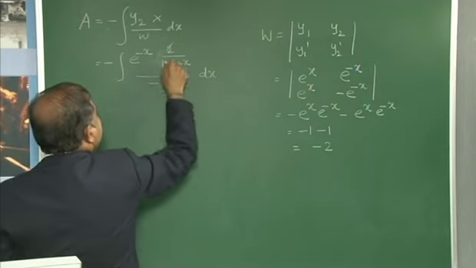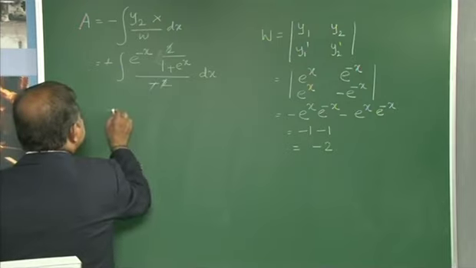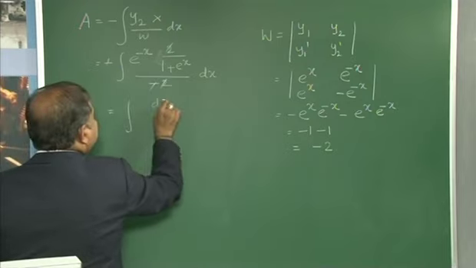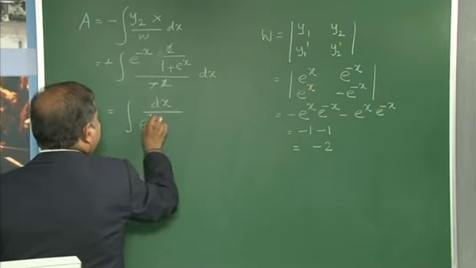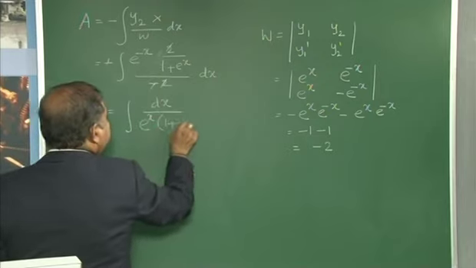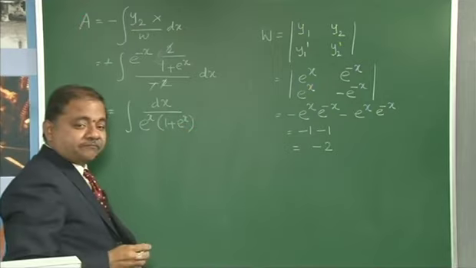This 2 gets cancelled, minus also gets cancelled. This is equal to integral dx by e power x; I am taking it to the denominator, it will become e power x into 1 plus e power x.